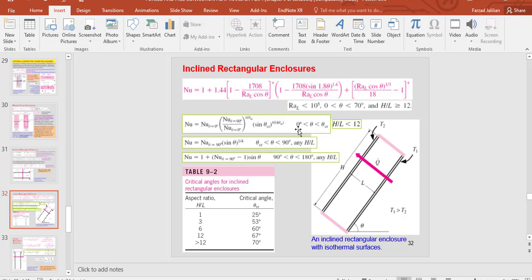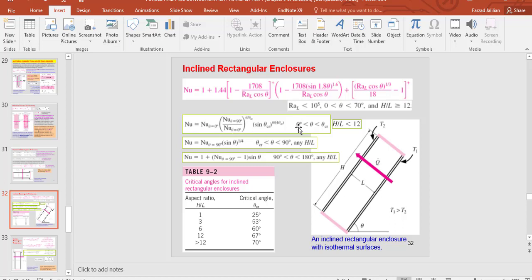You can see here, and for this critical angle we have a different equation to calculate Nusselt number. For example, if theta is between 0 degrees and theta critical, which can be found in this table, and this theta critical is also dependent on the aspect ratio, then we can use this equation.